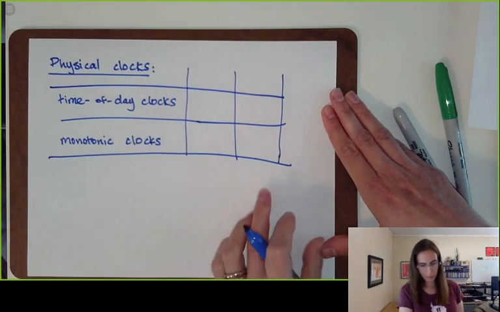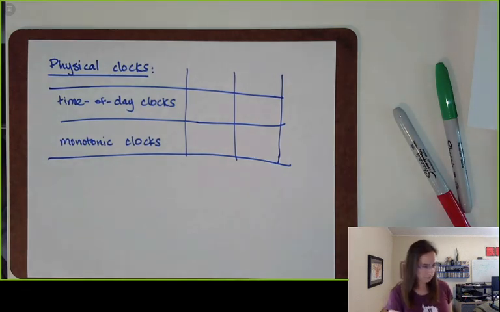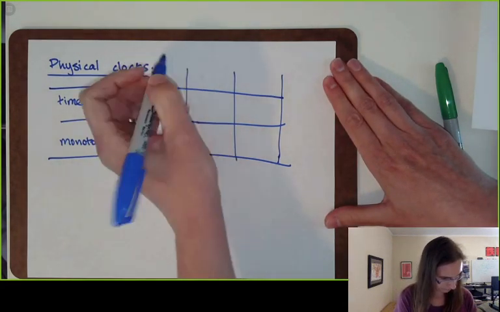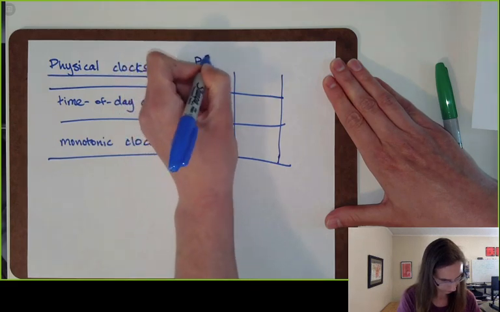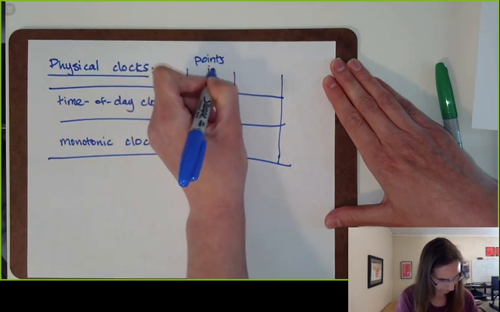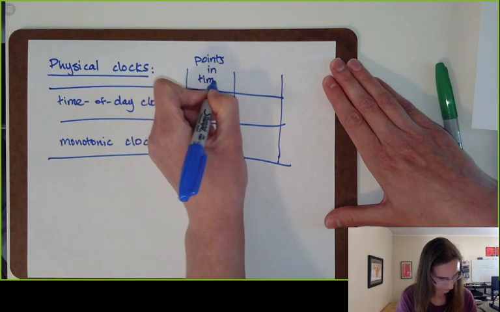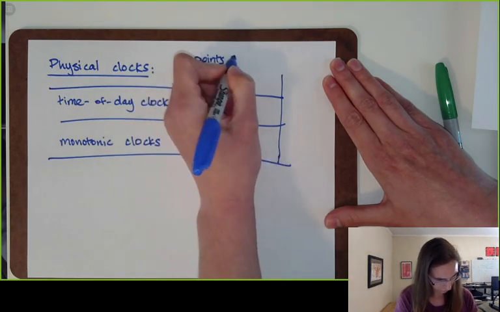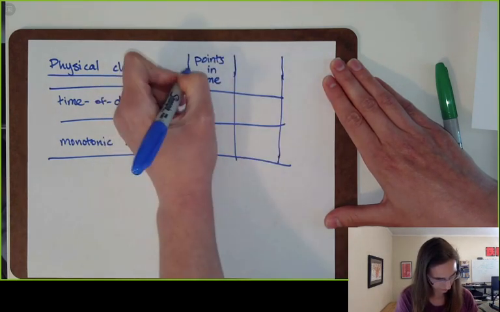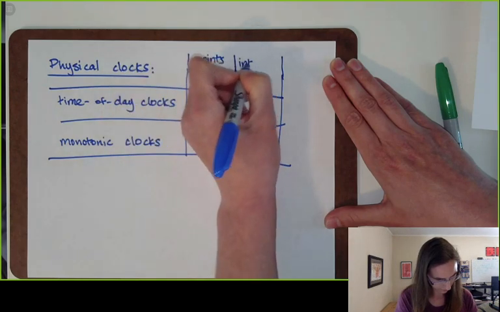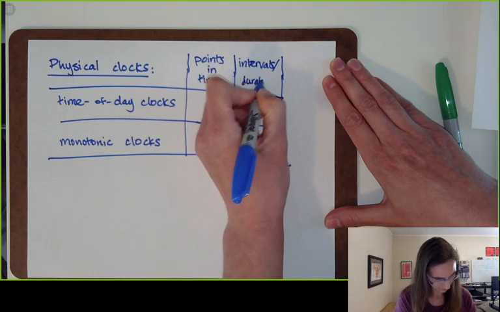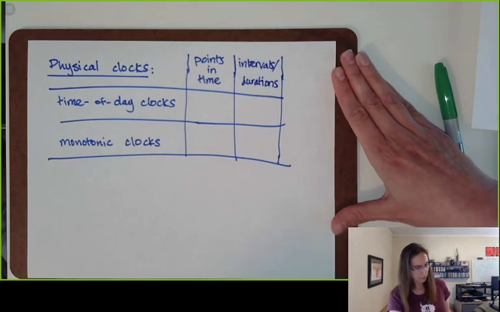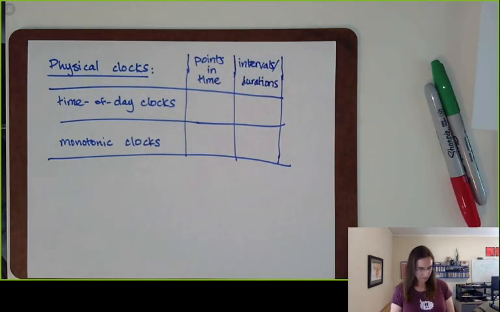And then the things that we would want to do with clocks are measuring points in time, and then measuring intervals or durations. So what's good for what?